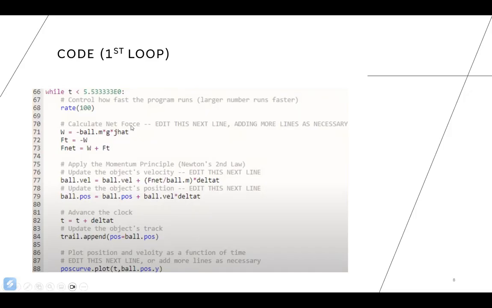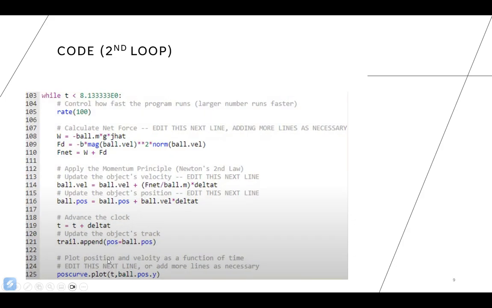As you can see right here, we calculate the force of gravity, and then we calculate the force of the tension, and we add them up to get the actual Fnet. Then we update the velocity and position using our position and velocity update formulas. We change the clock, and then we plot the curve.